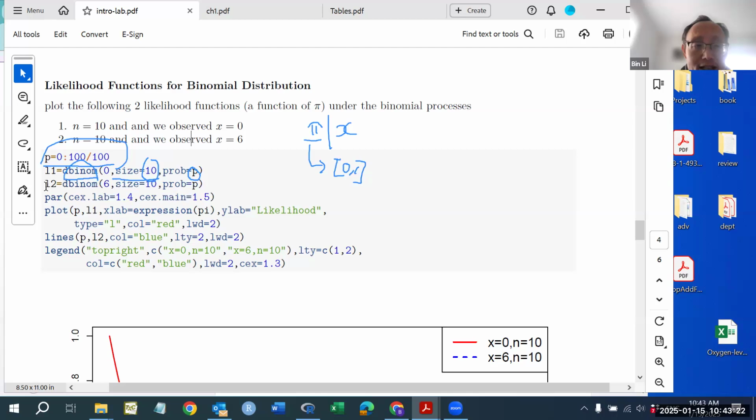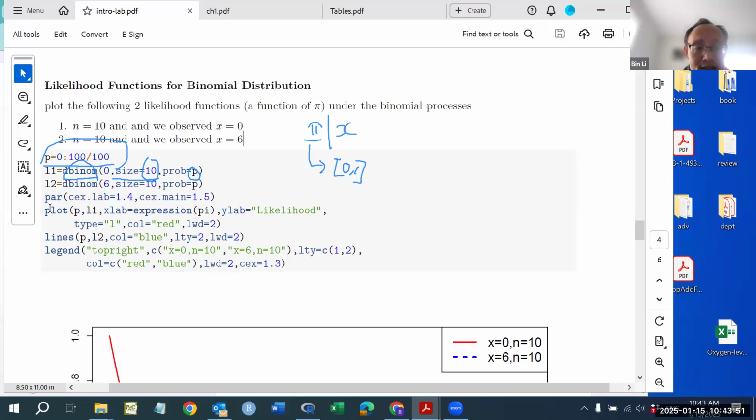The next one is the likelihood function given pi from 0 to 1 with size 10. Here the first one, 0, is what we observed: 0 successes. And here the 6 is what we observed: 6 successes out of 10. But the probability is changed from 0 to 1.